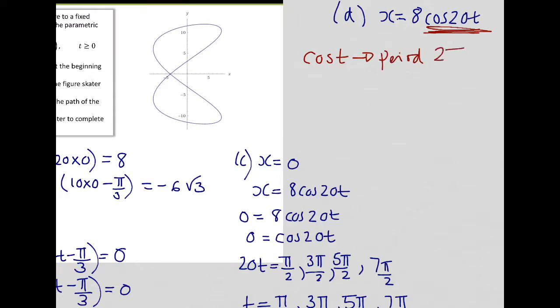But here I've got cos of 20t, so that means it's going to repeat quicker than that.